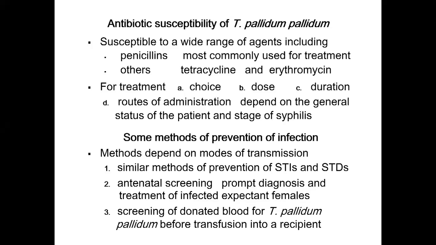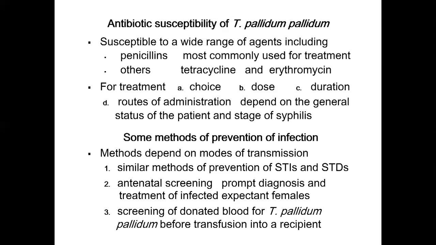So for treatment, the choice of the antibiotic, the dose, the duration, and the routes of administration depend on the general status of the patient and the stage or the type of syphilis. We have talked about a disease that has many forms, so the way each form is treated is different from one another.